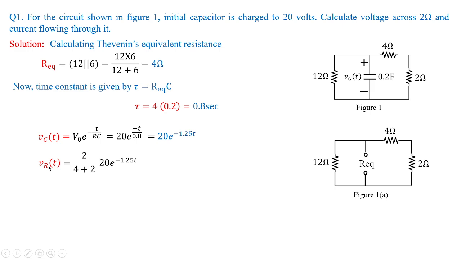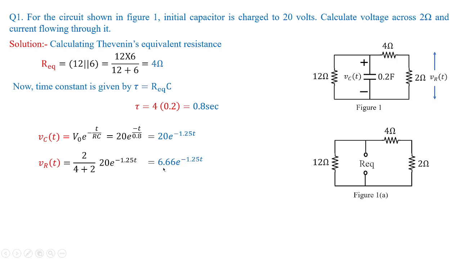And we can calculate the resistor voltage because there is a source over here. To the left of this, we are not interested. To the right of this, we are interested, because two resistors 4 and 2 are connected in series, so with the help of the voltage division rule, I can get the total voltage, which is 20 e to the power of minus 1.25t, multiplied by the resistance 2, divided by the sum of the two resistances 4 and 2, which gives VR of t.